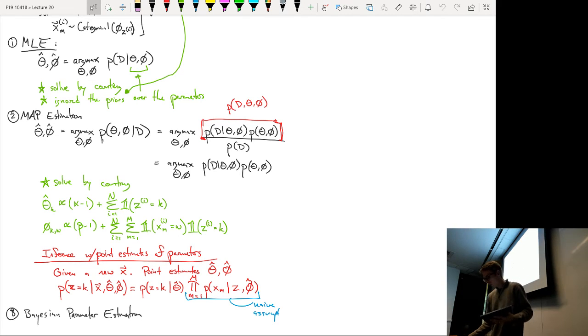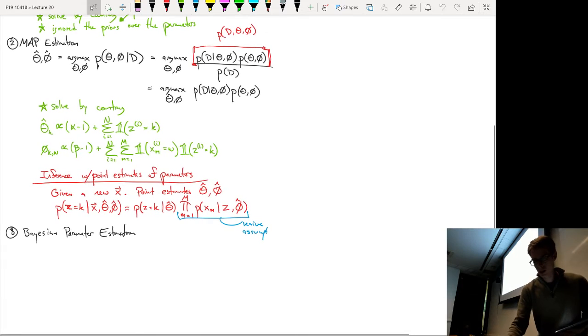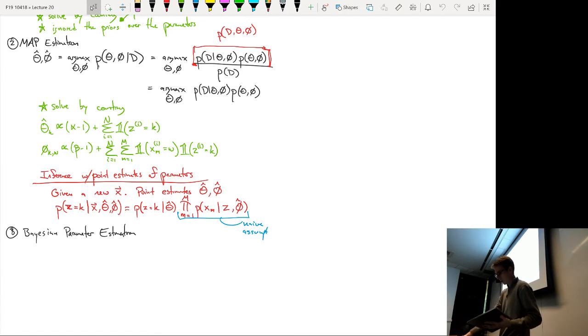So what we do here is we say that what we're after is a distribution over the actual parameters themselves. Okay. So what we want is the probability of theta given all of our training data D, which really just amounts to all of the z's.